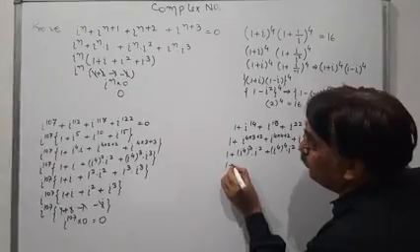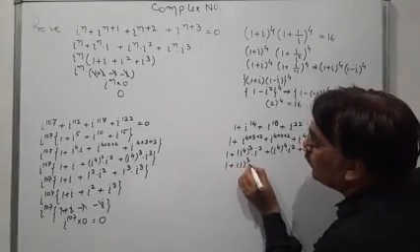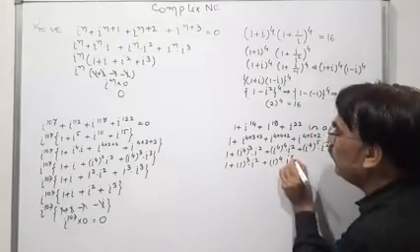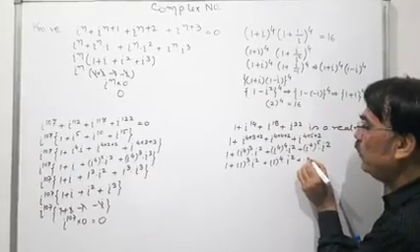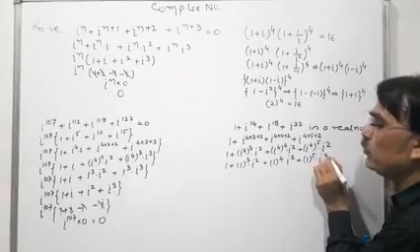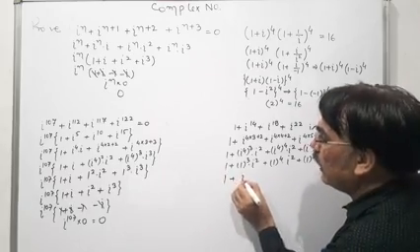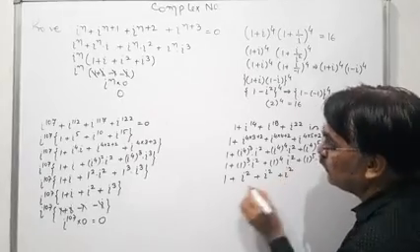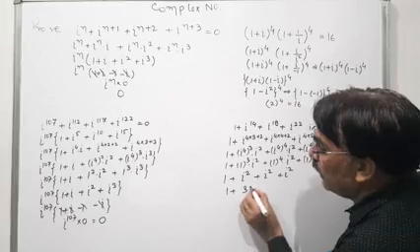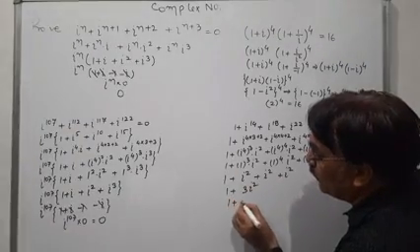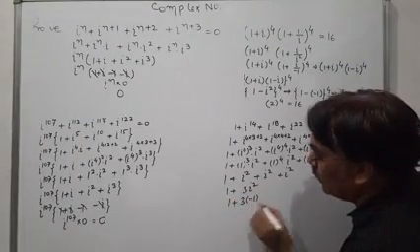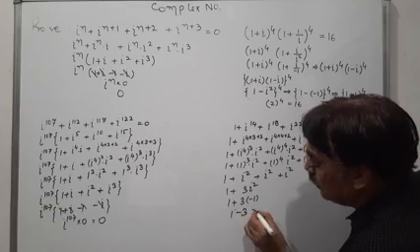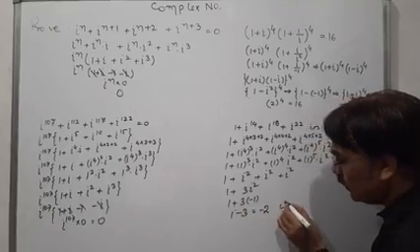So this value is 1 plus 1 cube into i square plus 1 to the power 4 into i square plus 1 to the power 5 into i square. Here 1 plus i square plus i square plus i square, that is 1 plus 3 i square, 1 plus 3 into minus 1. So we get 1 minus 3, which is equal to minus 2, which is a real number.